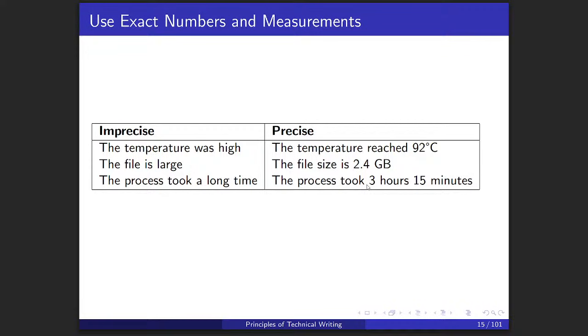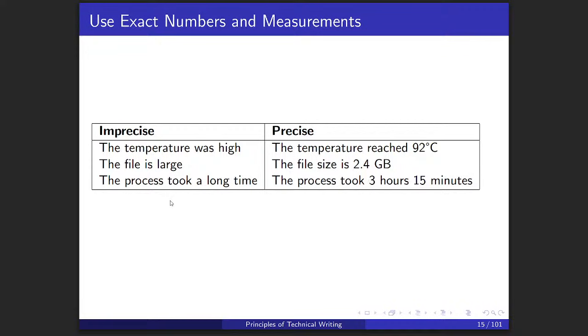So if you look here, use exact numbers and measurements. So, "the temperature was high." Instead of mentioning that sentence, I need to mention "the temperature reached 92 degrees," such that a user or other people can understand it very easily. So, "the file is large." Instead of saying how large it is, we can mention it in numbers: "the file size is 2.4 GB," such that the reader gets some idea of what you are mentioning.